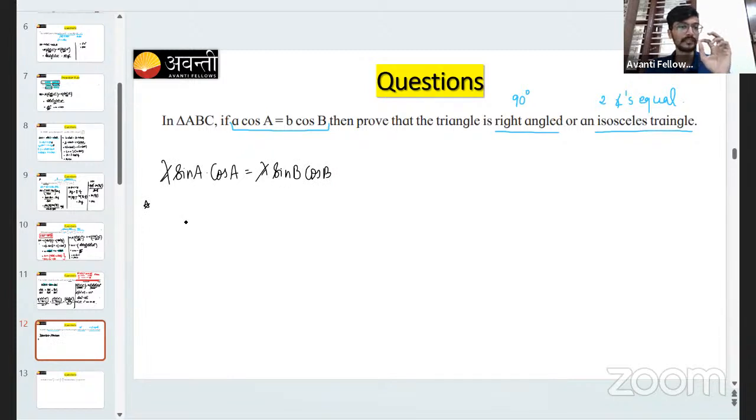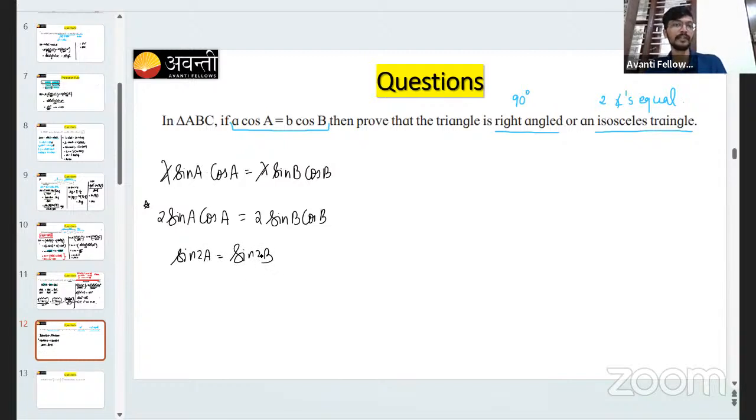Sine A cos A, they need 2. So I multiply both the sides with 2. 2 sine A cos A is equal to 2 sine B cos B. And what is 2 sine A cos A? It is sine 2A is equal to sine 2B. Now I am done with converting into angles.